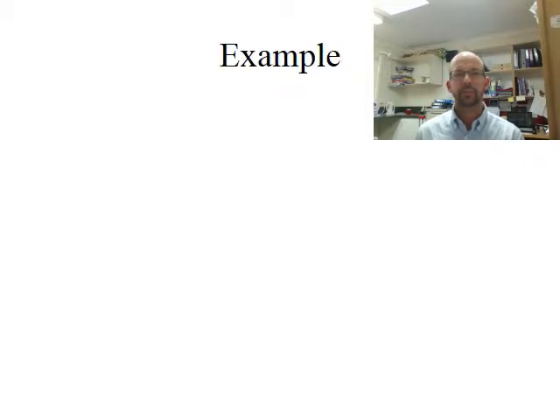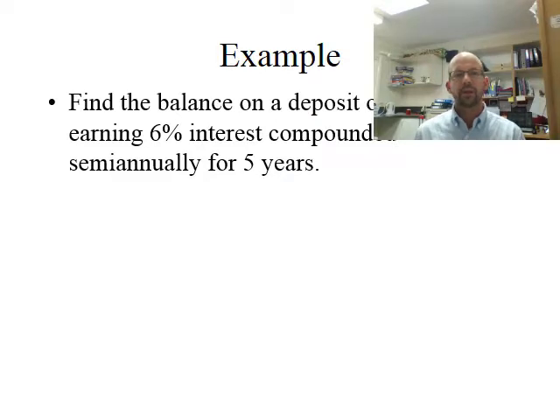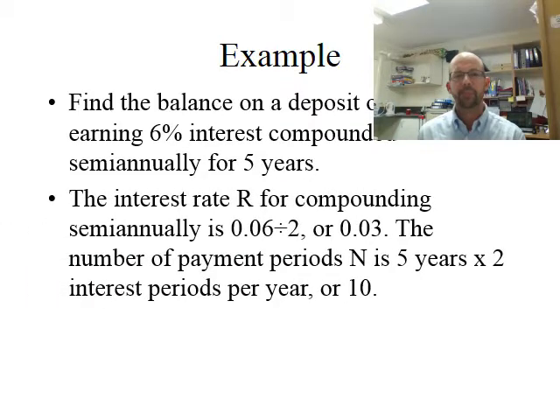Here's an example. Find the balance on a deposit of $1,000 earning 6% interest compounded semi-annually for 5 years. The interest rate for compounding semi-annually will be half of 6% as a decimal, which will be 0.03.